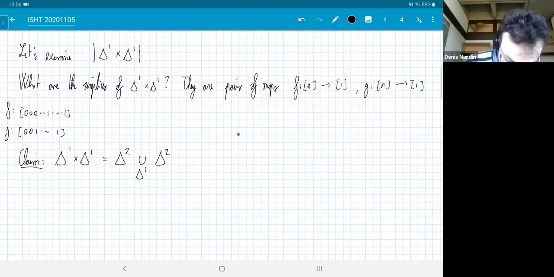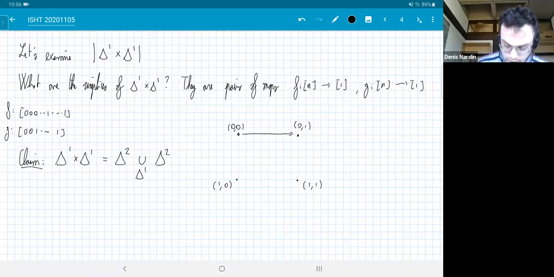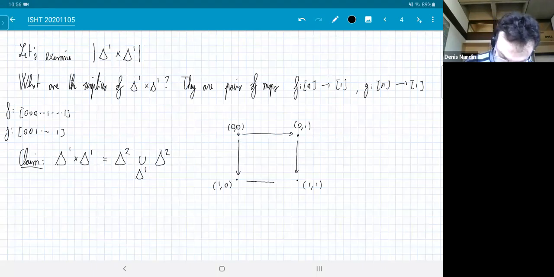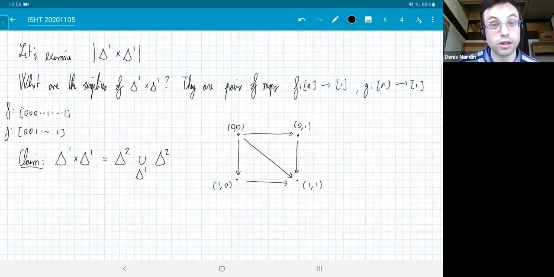So what are the vertices of delta 1 times delta 1? There are pairs, so there are 4 of them. And what are the one-simplices? As it turns out, there are 5 of them, the non-degenerate ones. Then there are also the constant ones that I'm not drawing for simplicity's sake.